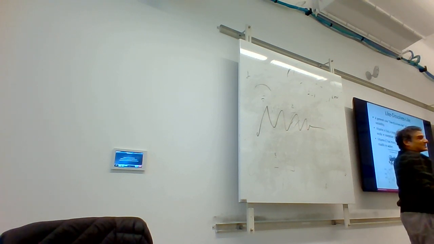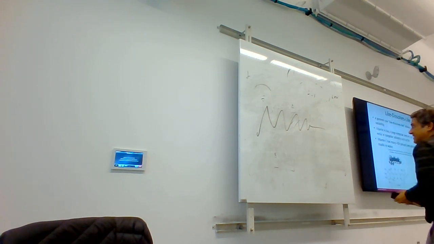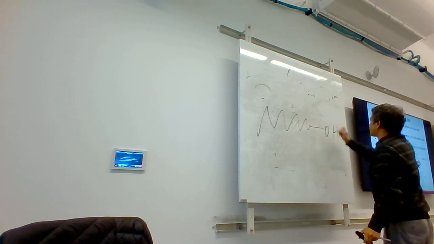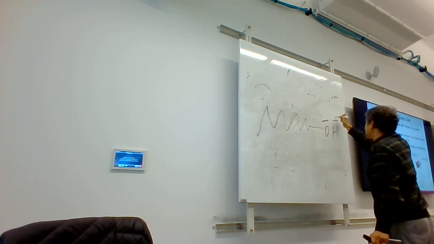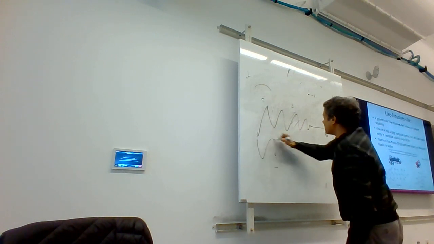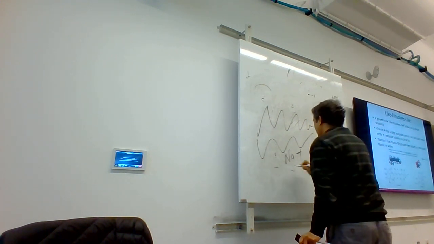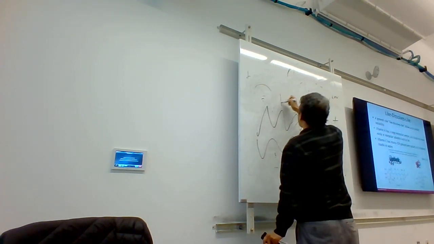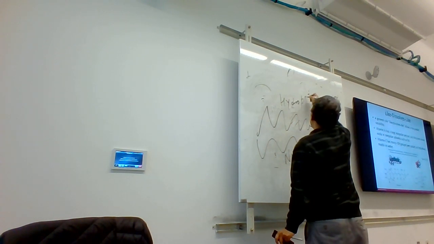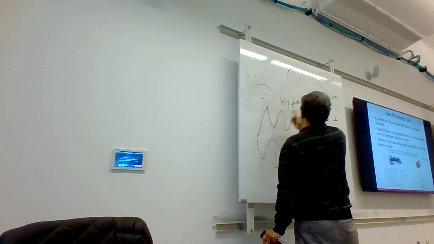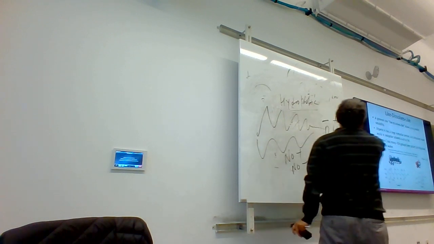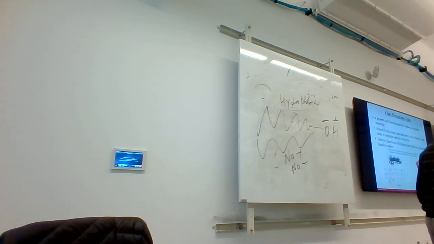In organic chemistry, we draw just the line. At the end, you see OH here. This has a big minus, this has a big plus, but this part has no plus, no minus. This is called the hydrophobic part. The non-dissolving part is too big and the dissolving part is too small, so as a whole it doesn't dissolve in water.